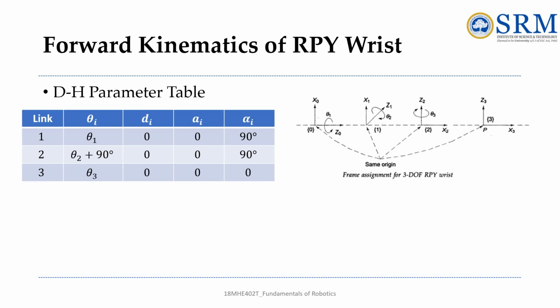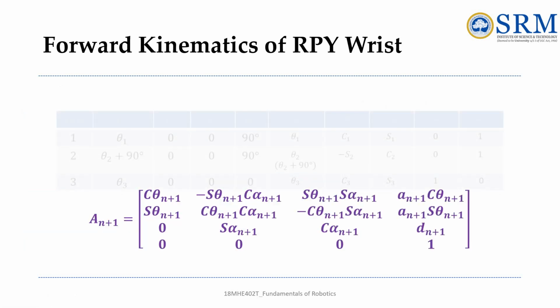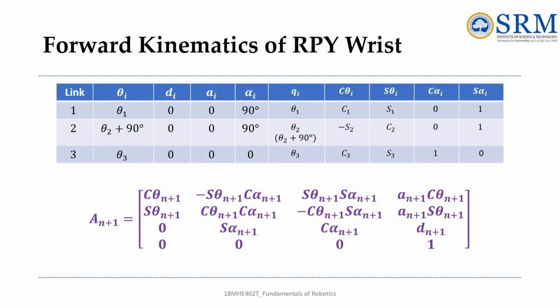And first we will be forming the DH parameter table, and we know how to calculate the transformation matrix. Okay, we have a transformation matrix to compute, and accordingly what are the parameters needed in that, that is cos theta, sin theta, cos alpha, sin alpha. Okay, so based on that I am computing the cos theta, sin theta, cos alpha, and sin alpha. Okay, with which I have those parameters, and finally put together you will have the complete table.